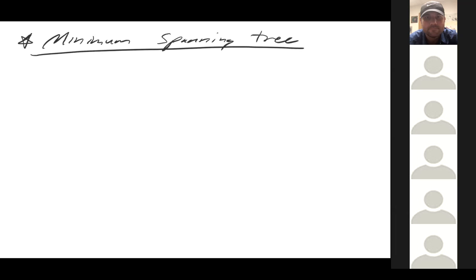Now, one of the things we're going to try to do is find a minimum spanning tree. This is where the mathematics becomes actually useful for applications, kind of like the traveling salesman problem. What is the minimum spanning tree?